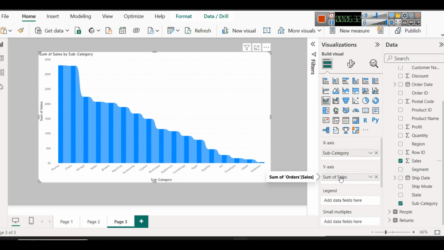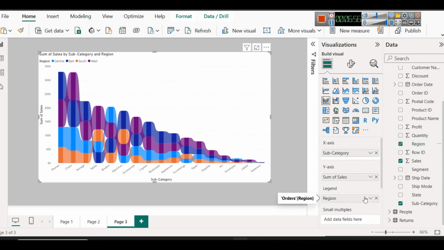Now it will show you data like this. What is this showing? That for phones we have the highest sum of sales, and for fasteners we have the lowest sum of sales. But in legend, if we drag region, then comes the use of the ribbon chart.